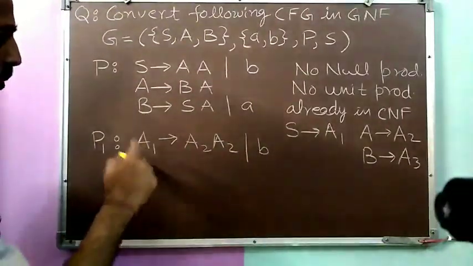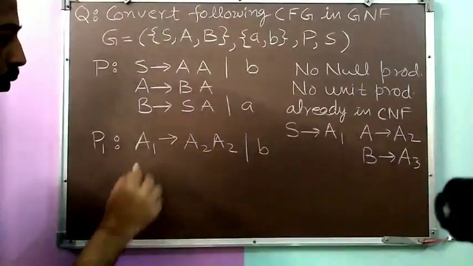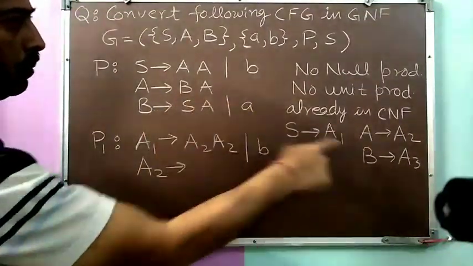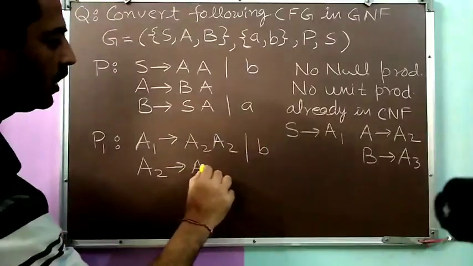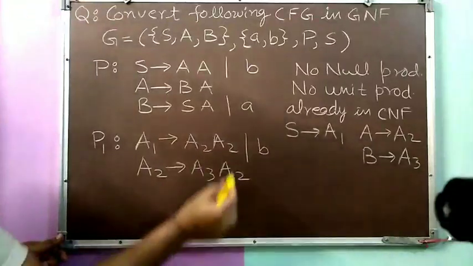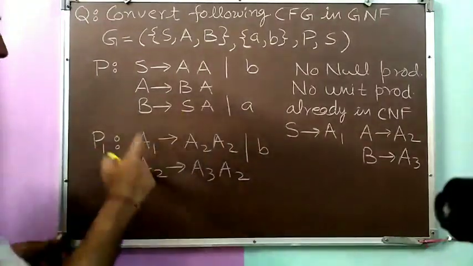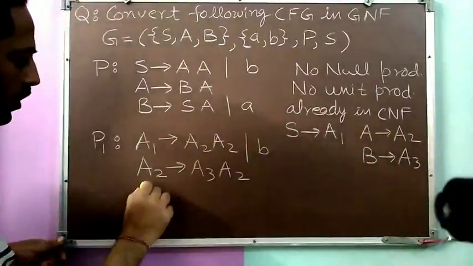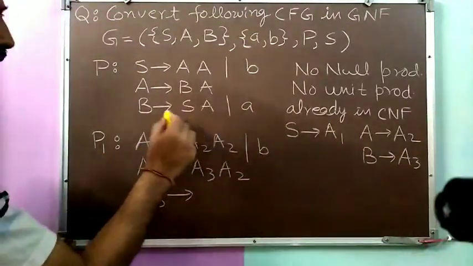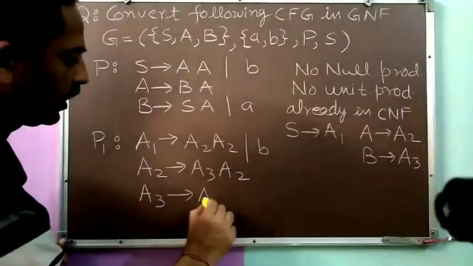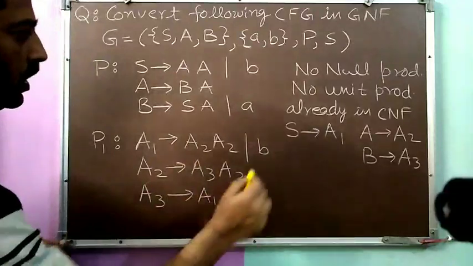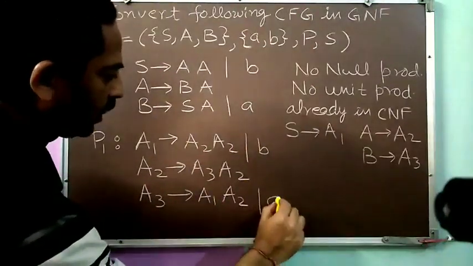In place of A, we use A2. A2 to B is A3, so it will be A3, and A is again A2, so A3, A2. So this will be the second production. In the third production, B is A3, so in place of B, we write A3. Now S is A1, so we write A1 here, and A is A2, so we write A2 here. So A1 to A2, a.